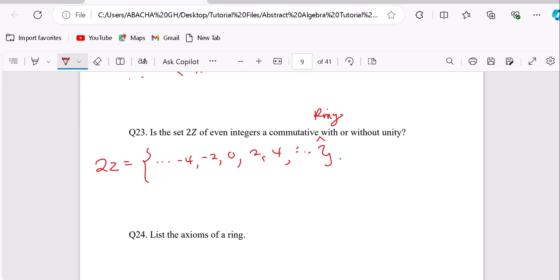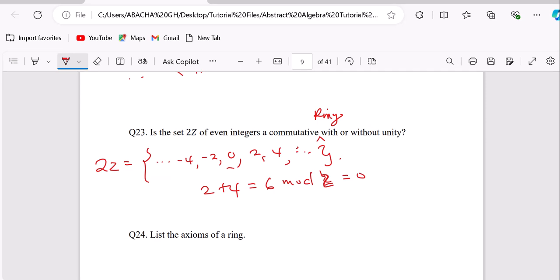Well, for closure, just take any two elements. If you add them, you check whether the result is also inside. 2 plus 4, you get 6. 6 plus negative 6 you get 0. So 0 is inside, and we are getting something inside.